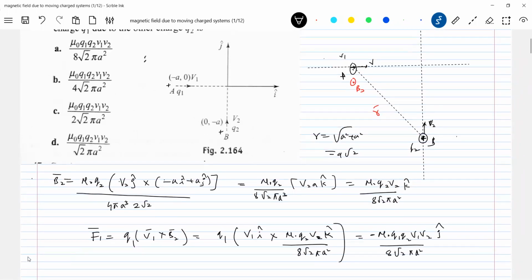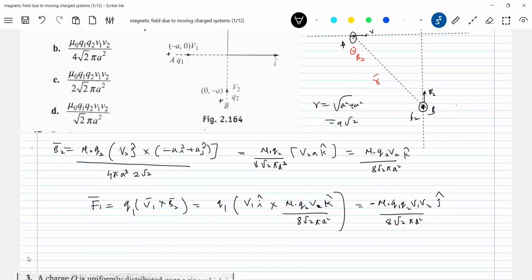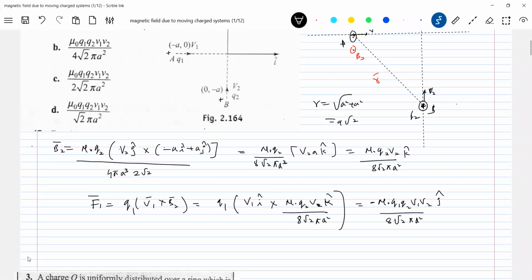This is F1, no? Shall we give it a name? The force acting on charged particle 1 due to the field produced by the moving charged particle 2.